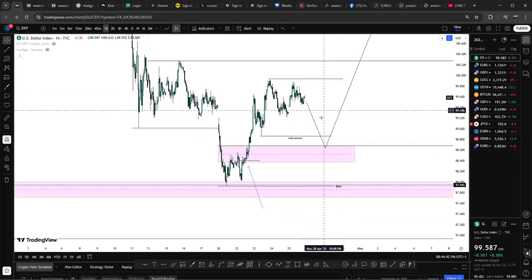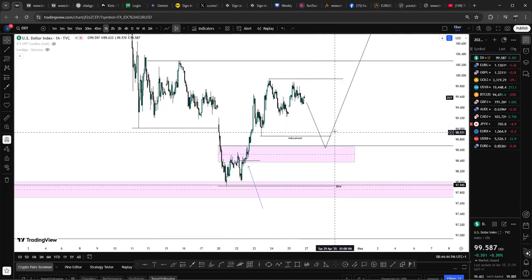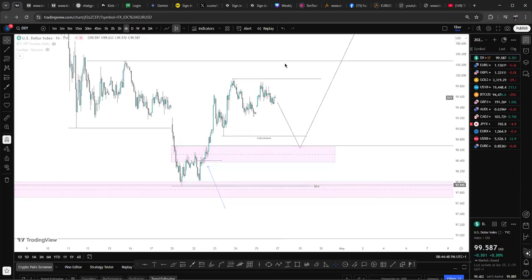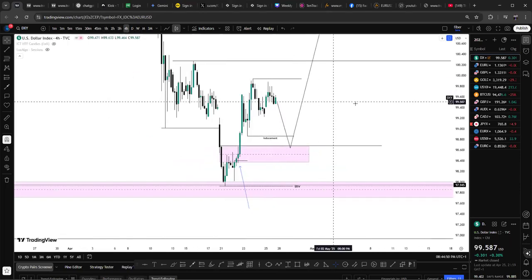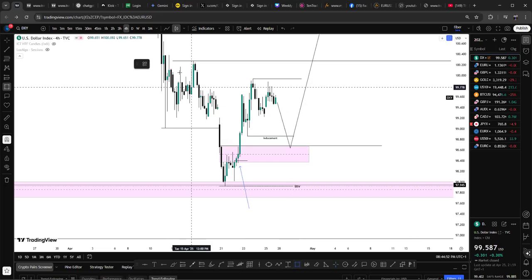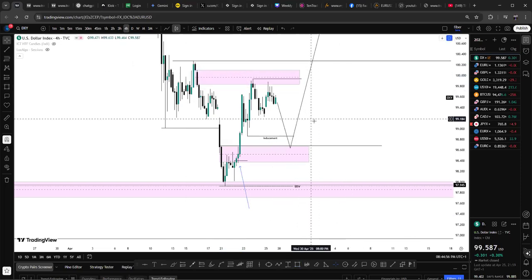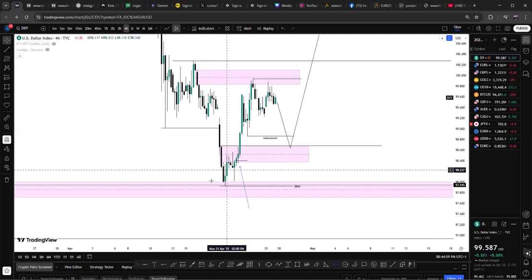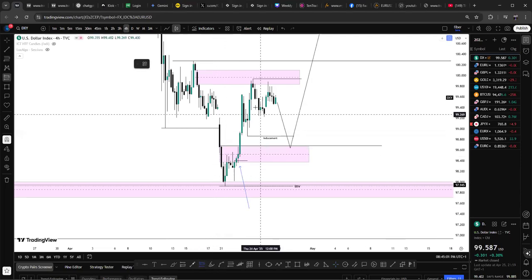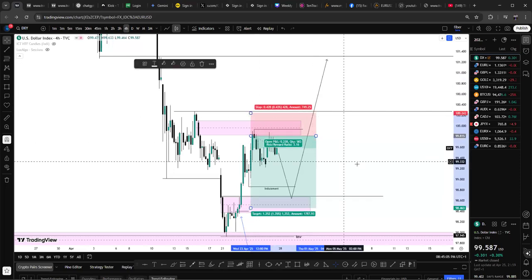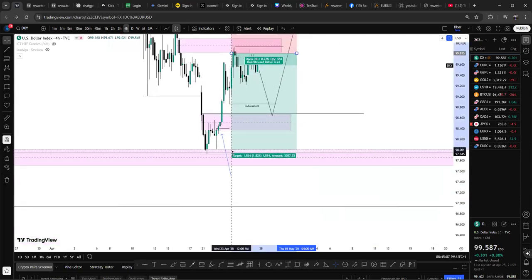We will also need confirmations here to buy, because price can still want to trade lower. Everything is just probability. Some other people have this as a break of structure to the downside, and they're taking sales from this area with their take profit on this low.